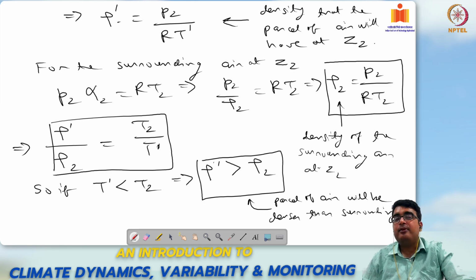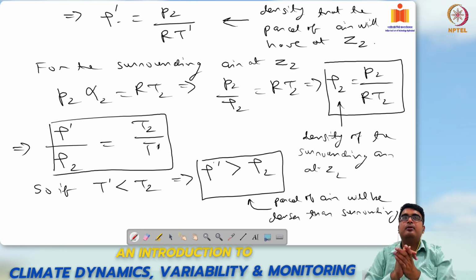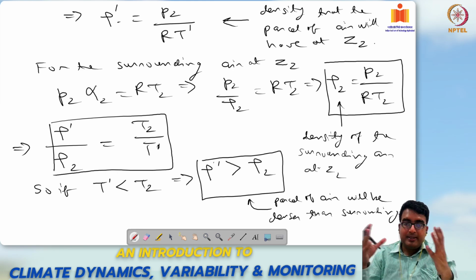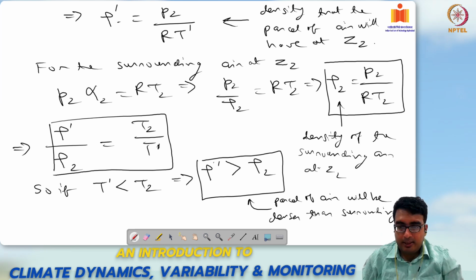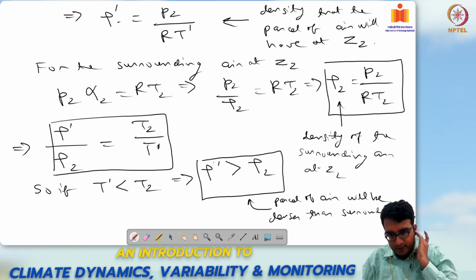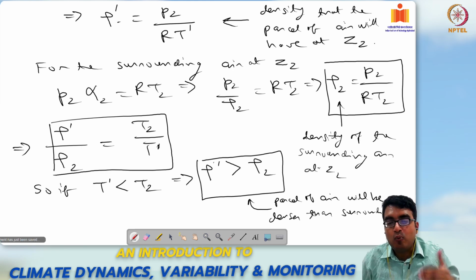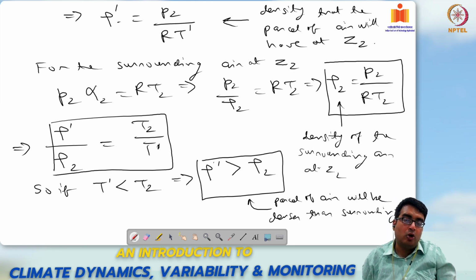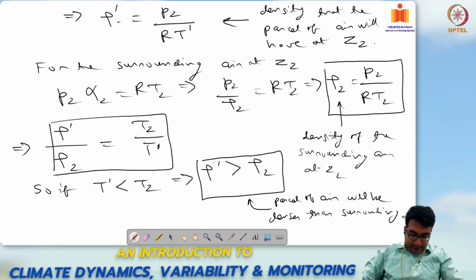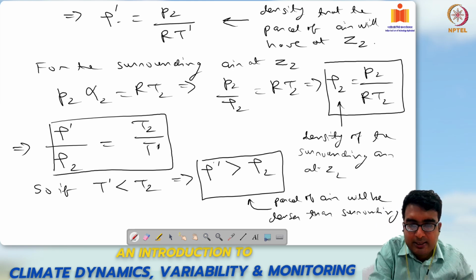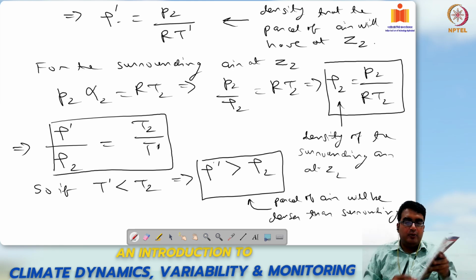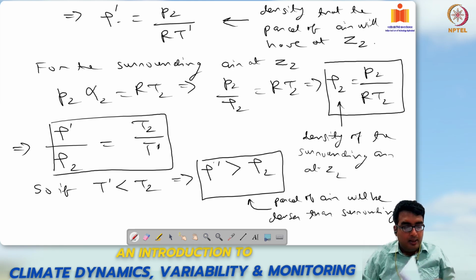So here the main consideration is that the pressure is the same between the parcel and the surroundings. The temperature and density therefore track the relationship of the adiabatic processes, and based on that we can derive all these relations of what will be the stability condition, what will not be the stability condition, etc. So next up, we will start the derivation today and continue in the next class.